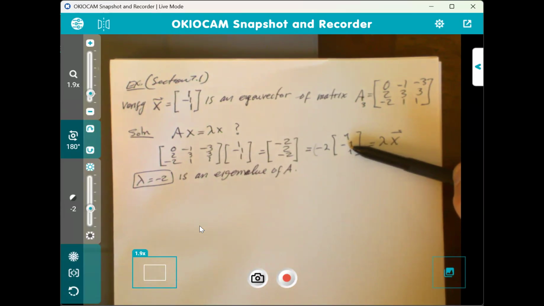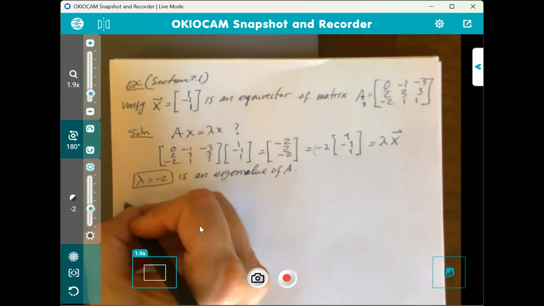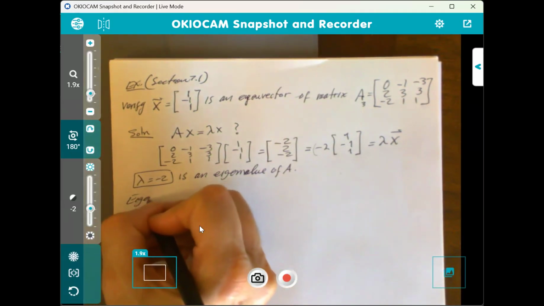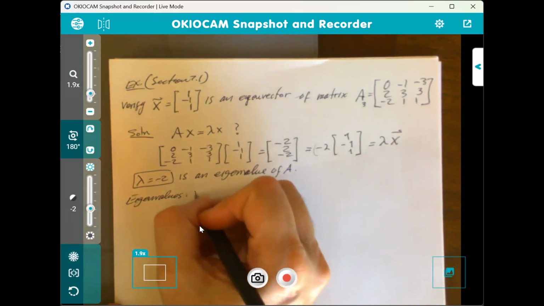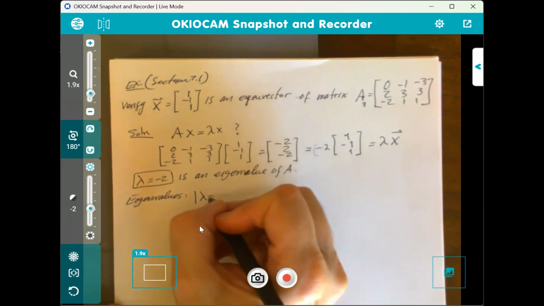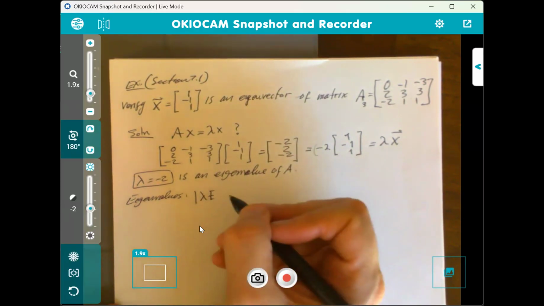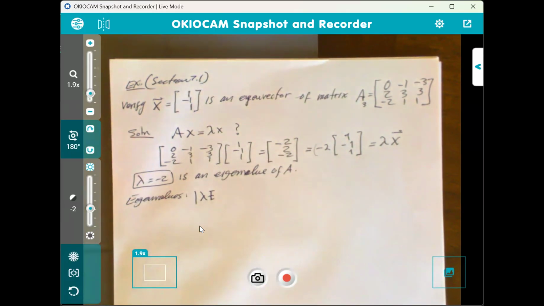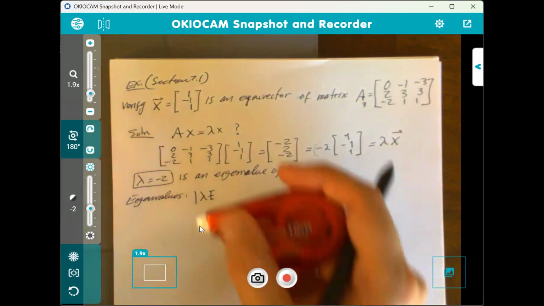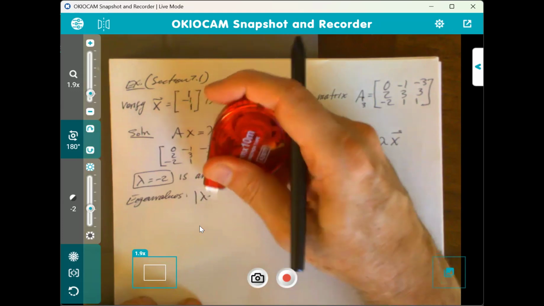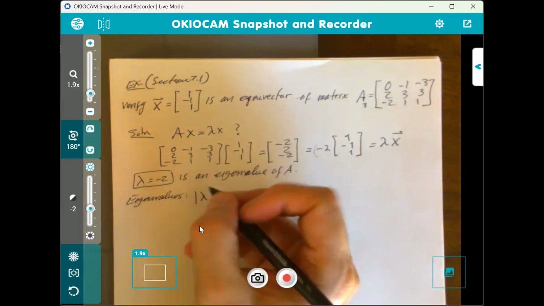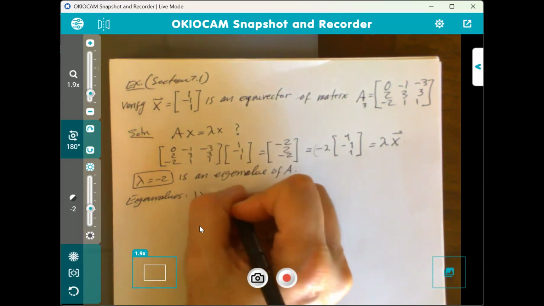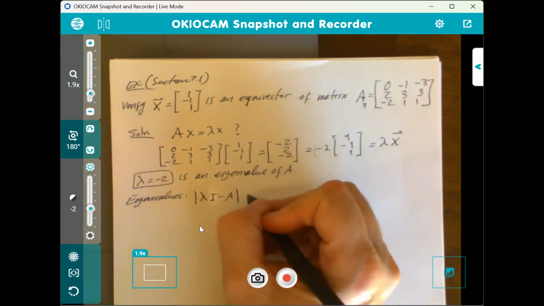Okay. Now, if I want to find all of the eigenvalues, by the way, this is just one of them. If I want to find all of them, then we need to look at the determinant of the matrix lambda I minus A. I need to find the determinant of that matrix, right?